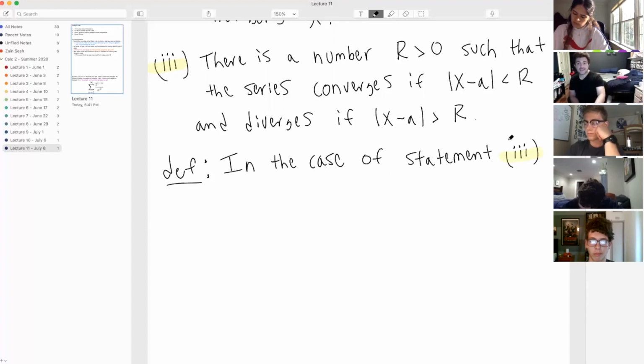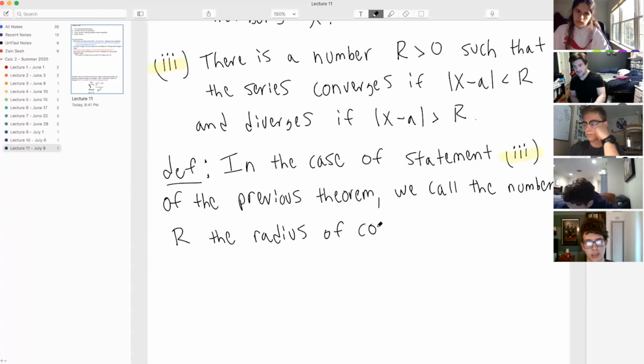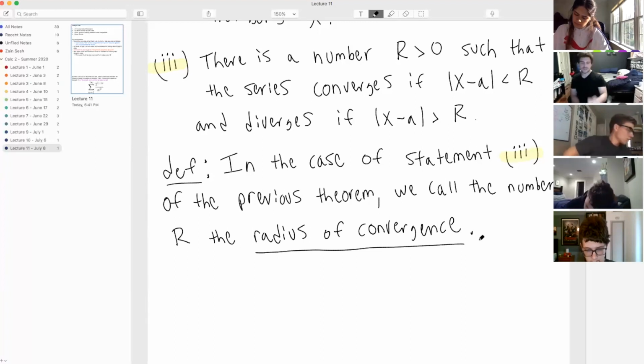In the case of statement 3 of the previous theorem, we call the number r the radius of convergence. That's what we call that number r.